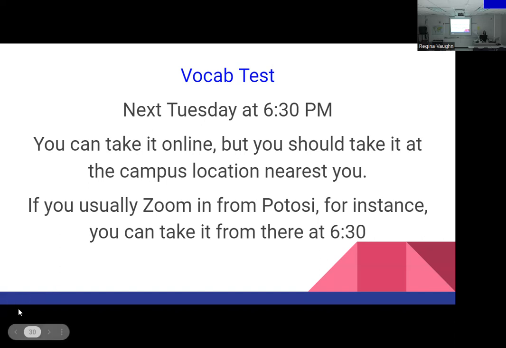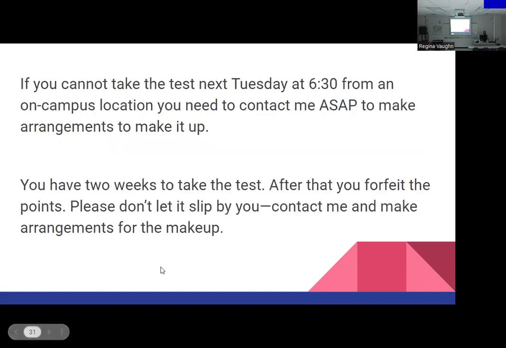If you're at a campus location and you need to use the computer lab, that's something you might want to check into, because I don't know all the schedules of all the campus locations. So if you run into a problem, you need to let me know as soon as possible. If you cannot take the test next Tuesday at 6:30 from an on-campus location, please contact me soon to make arrangements to get it made up.